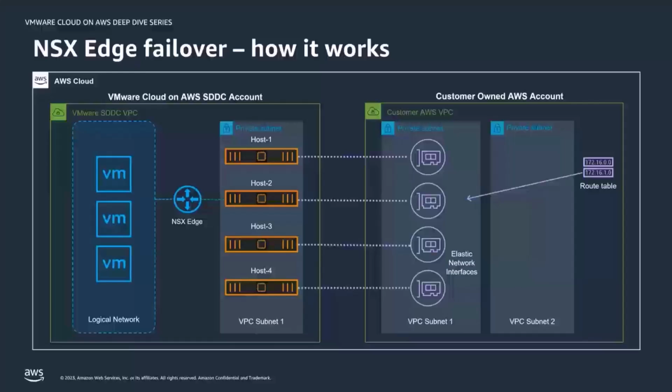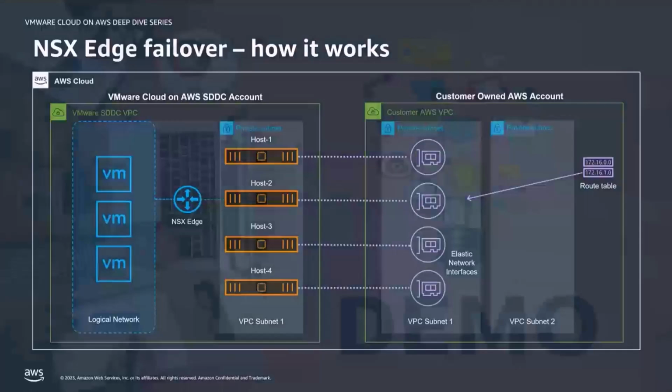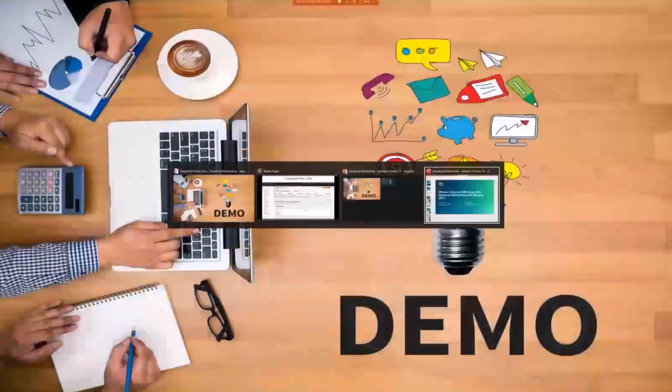And because it's running on a different ESXi host, your traffic is going to be sent through a different network interface. When this happens, VMC sends an update to the AWS routing table, and now we can see that the route from the VPC side is going to use this particular network interface again to establish communication with SDDC workloads. So let's take a look at this part.